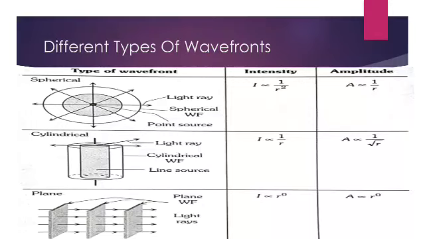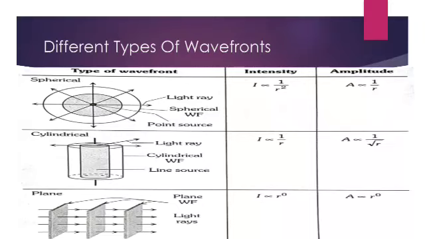We know that sources of light have different shapes. Some sources can be point sources, some can be line sources, and some other shapes, and some light sources can be situated at infinity. On the basis of these different types of source, different types of wavefront are emitted.